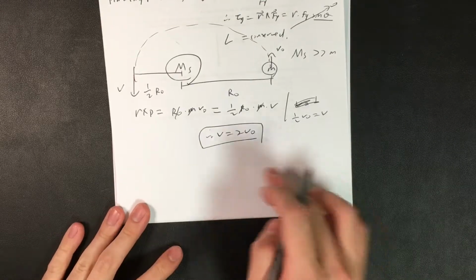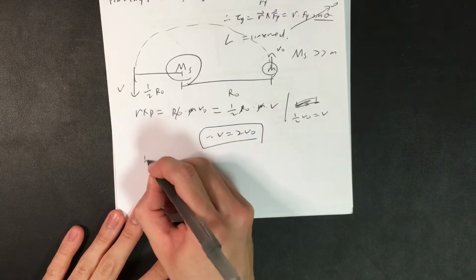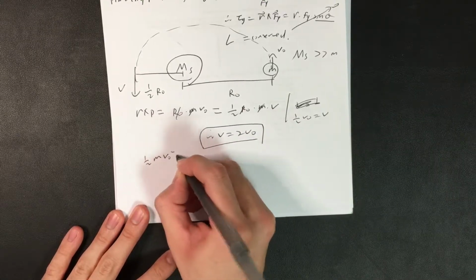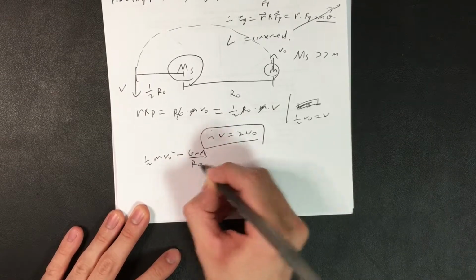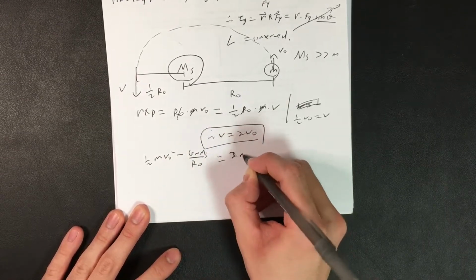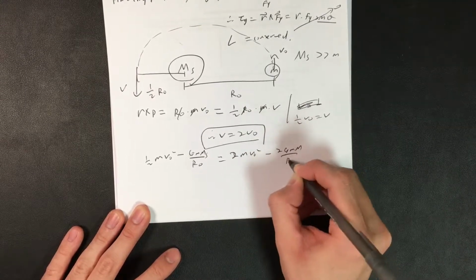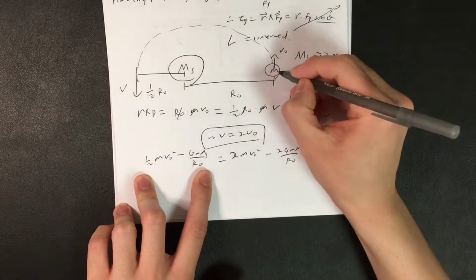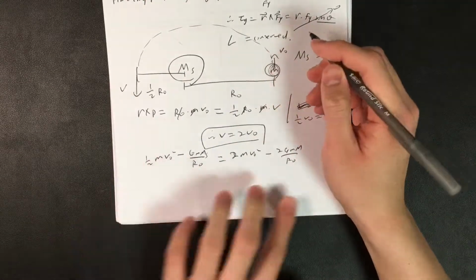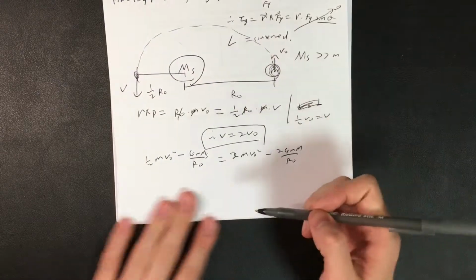Now, if I want to get a specific value of v0, then I can use conservation of energy to do so. 1/2 m v0 squared minus G Ms m over r0 should equal 1/2 m (2 v0) squared minus 2 G Ms m over r0, where the left-hand side is the total energy of the earth at this position, and the right-hand side is the total energy of the earth at this position.